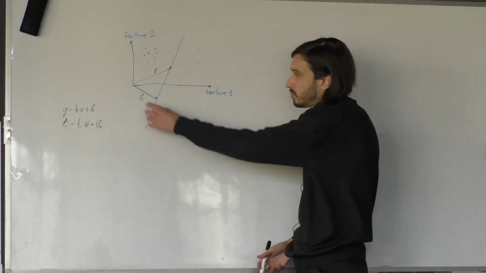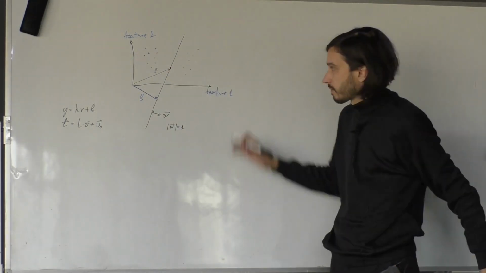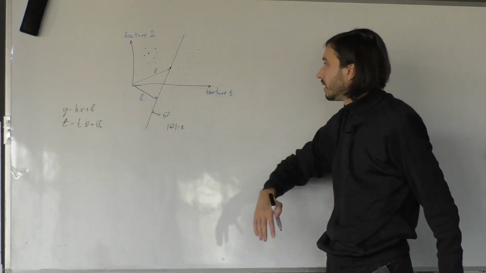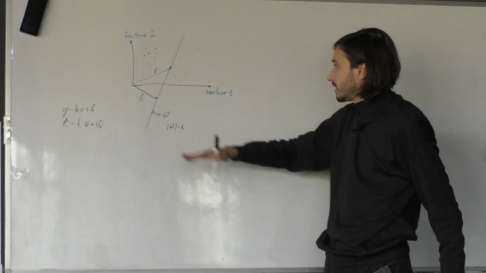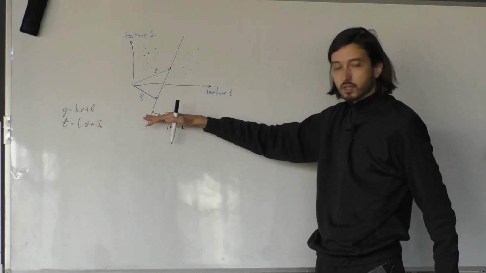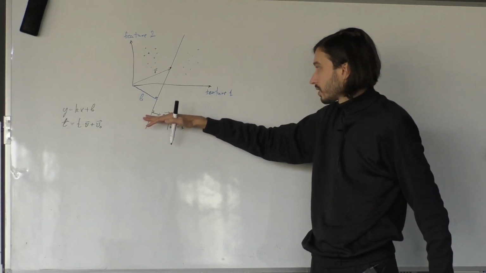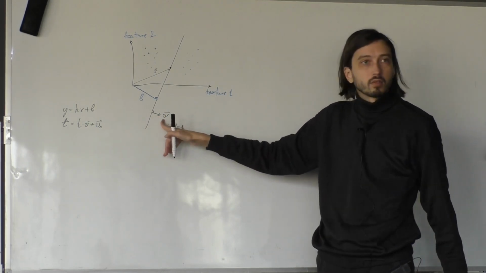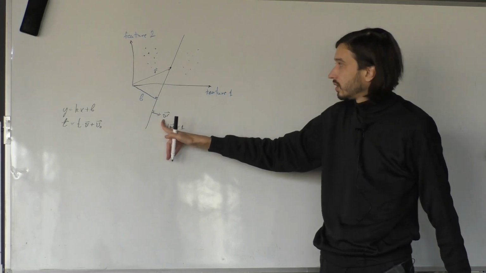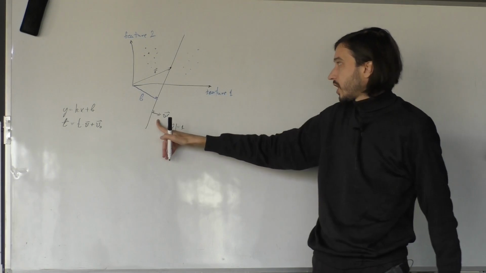So this w, I can move it freely around the space, so it doesn't really matter, is it here or somewhere else. And you see that in some sense you can make a projection on the direction that is described by this vector w. What will be this projection?